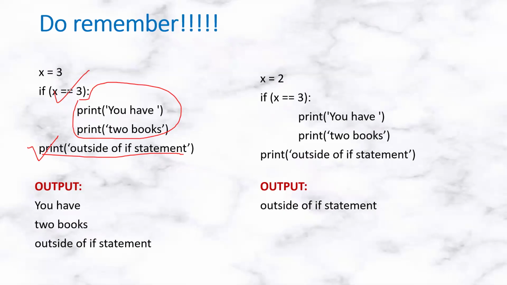In this case, x equal to 3 is true, so the two lines executed, and the statement outside the if also executed. But in this case, because the condition is false, x's value is 2, so it did not execute the if lines, but it executed the outside statement. If you understand this much, then my job is done as of now.